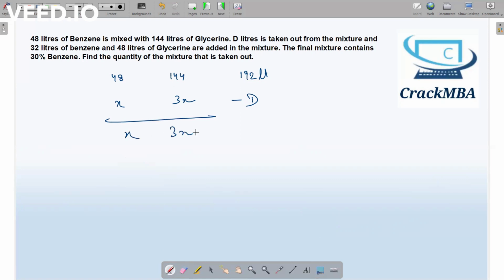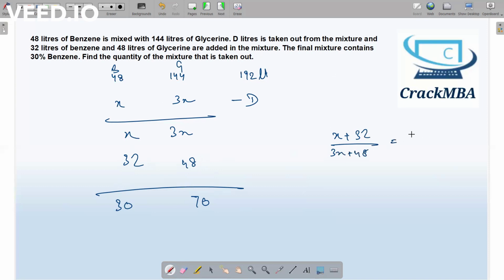There will not be any change in the ratio. And I'm adding 32 liters of benzene and 48 liters of glycerin. Then the final mixture will have 30% benzene and 70% glycerin. So (x plus 32) divided by (3x plus 48) is equal to 30/70, that is 3/7.